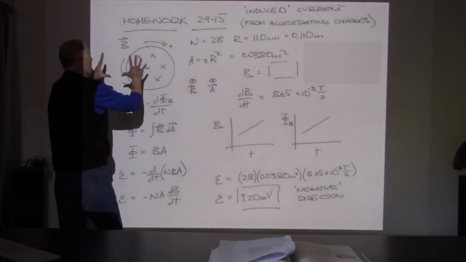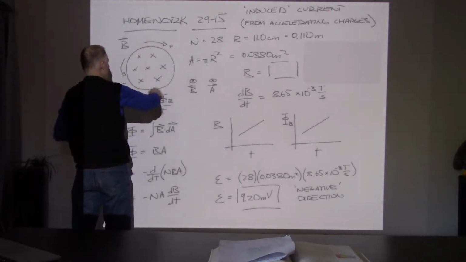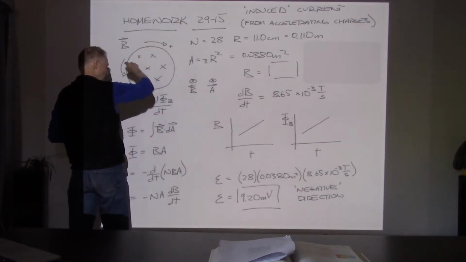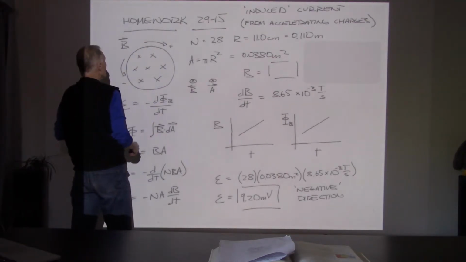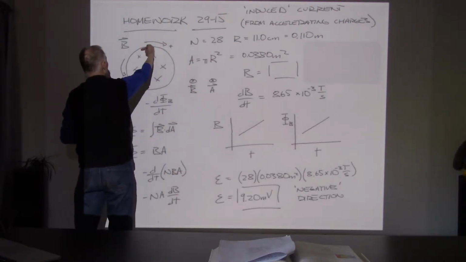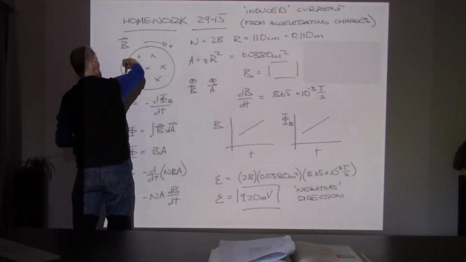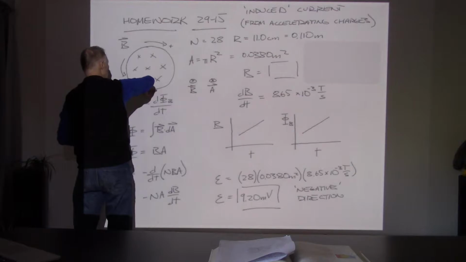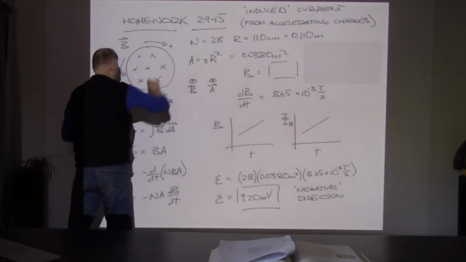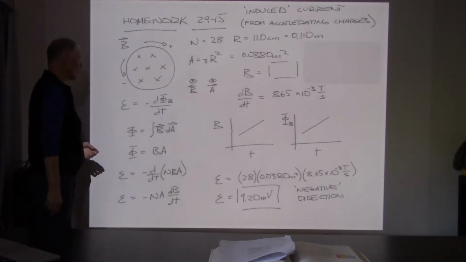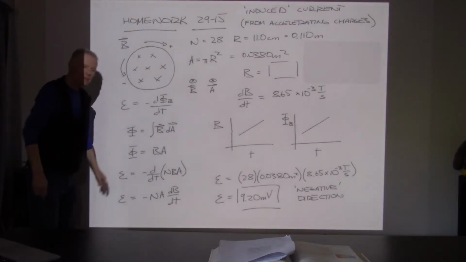If I've got a loop of wire, for example, here's a loop of wire, then because of the E fields set up due to the accelerating charges, when I integrate along those electric fields, that gives us the EMF.